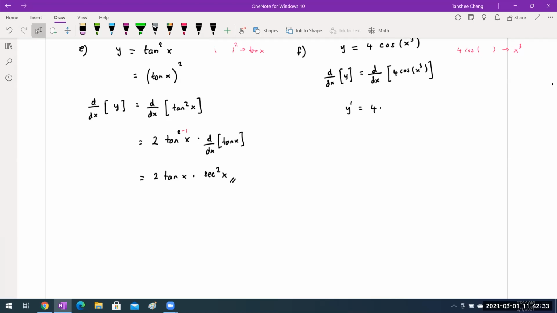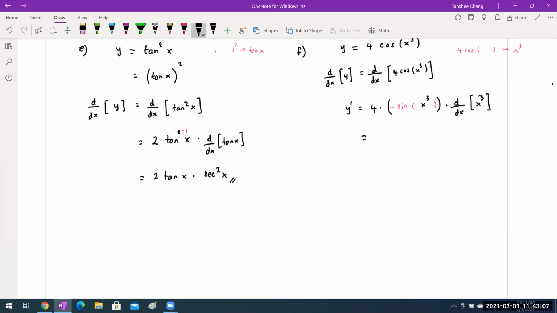The derivative of cosine is negative sine, and the inside will still be the same, which is x to the third power. And times the derivative of the inner function. Don't forget that, so x to the third.